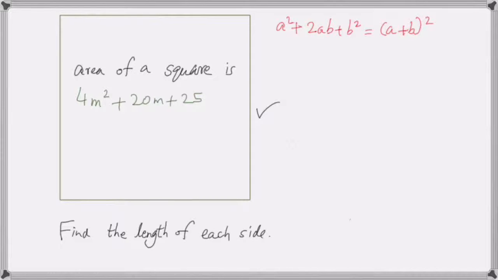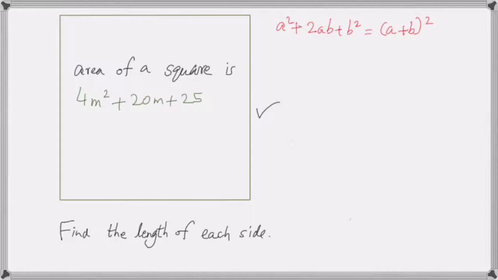So what we can do is see if this trinomial is of this form. If it is, we know that this has a solution of this, correct? When you have a solution in the form a plus b whole square, you know that a plus b would be the length of one side.